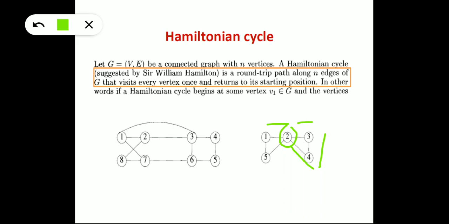Such a vertex, I call an articulation point. So if I have articulation points in the graph, then I cannot obtain Hamiltonian cycles.